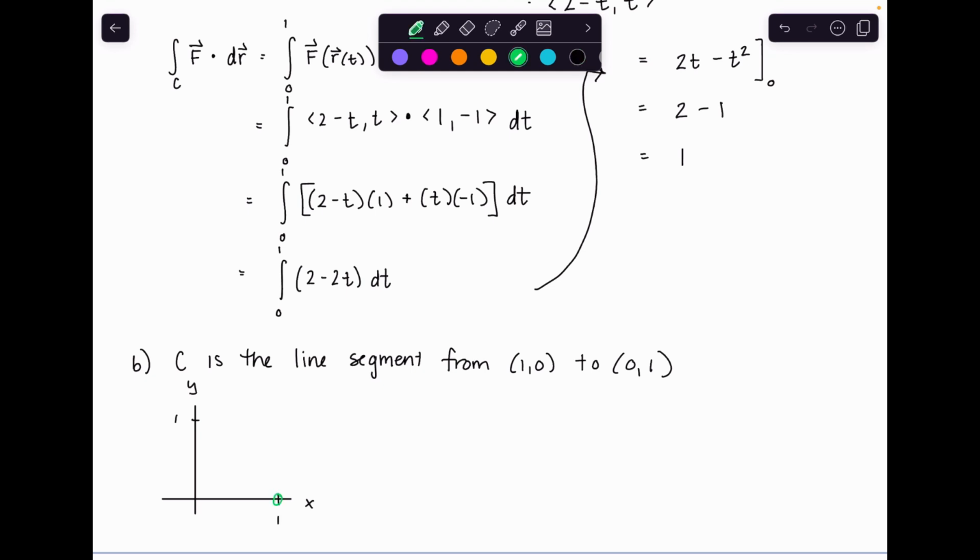So we're starting here at 1, 0 and going to 0, 1. We're just tracing it in the opposite direction.